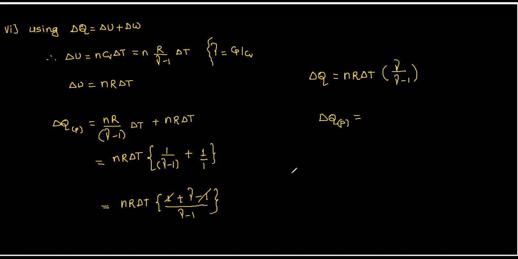So gamma by gamma minus 1, and therefore I am getting n R gamma by gamma minus 1 into delta T. This gamma is left here, keep it in mind.